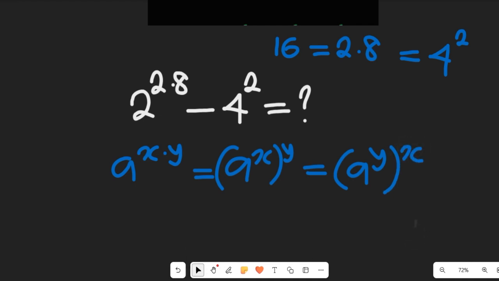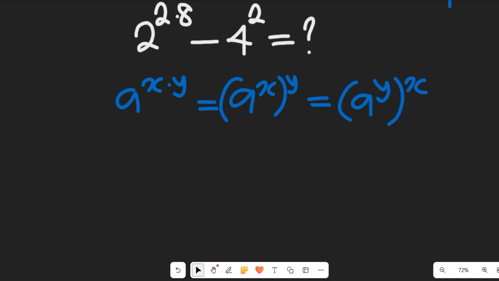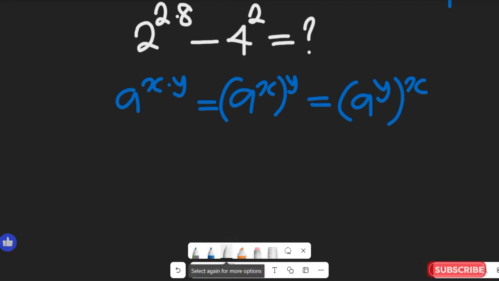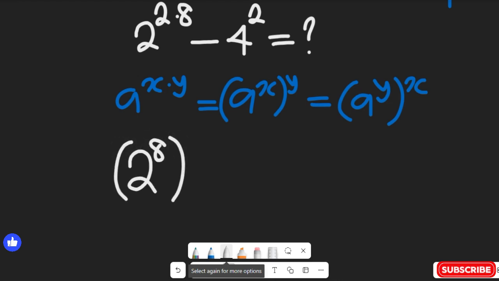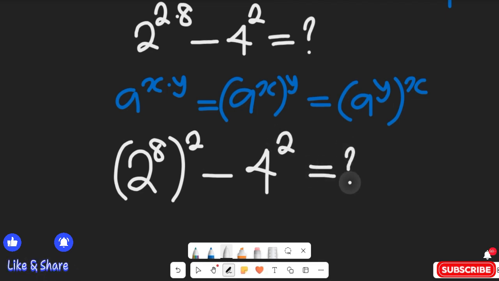Now if I apply this in that expression, I'm going to apply this by having my 2 to the power of 8, I'll in-house 8, and then take 2, which is the power, out. And this will be minus 4 to the power of 2, and this is going to give me what?